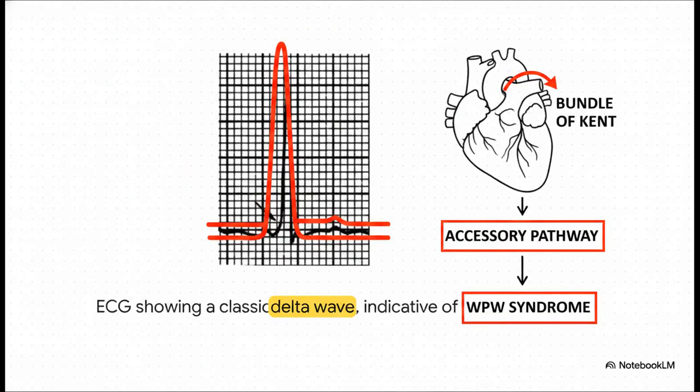If you look really closely at this baseline ECG, the answer is right there. Do you see that slurred upstroke on the QRS complex? That's a delta wave. It tells us there's an accessory pathway, specifically the bundle of Kent, that is completely bypassing the AV node. This is the classic hallmark of Wolff-Parkinson-White, or WPW syndrome.